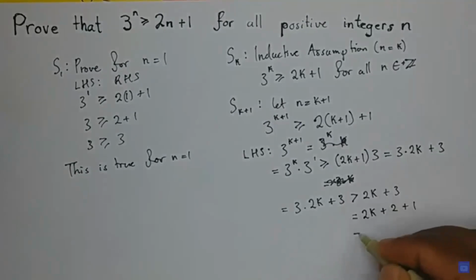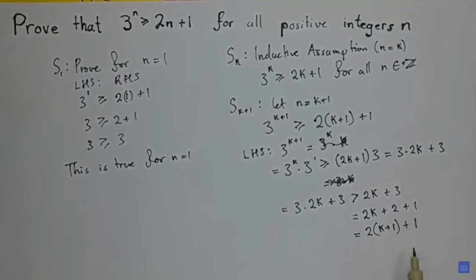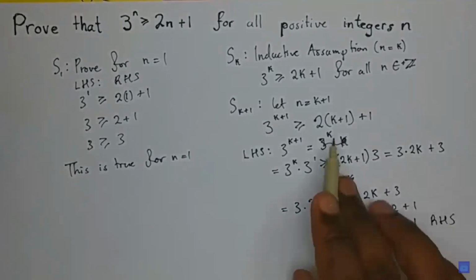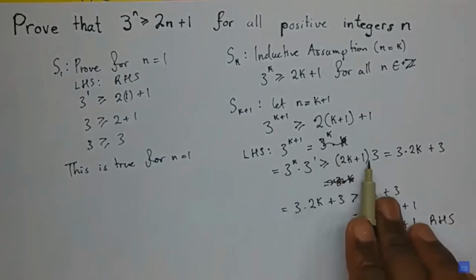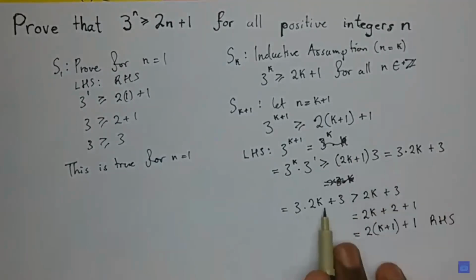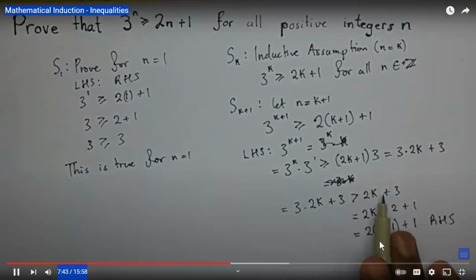So this equals, factor out a 2 here, so that we have 2, open bracket, k plus 1, plus 1. Then you see that this gives us the right hand side, this part here. So this is greater than this, this equals this, and this equals this.